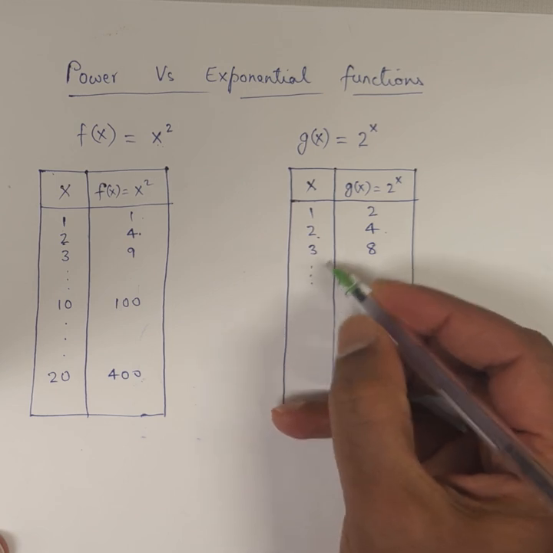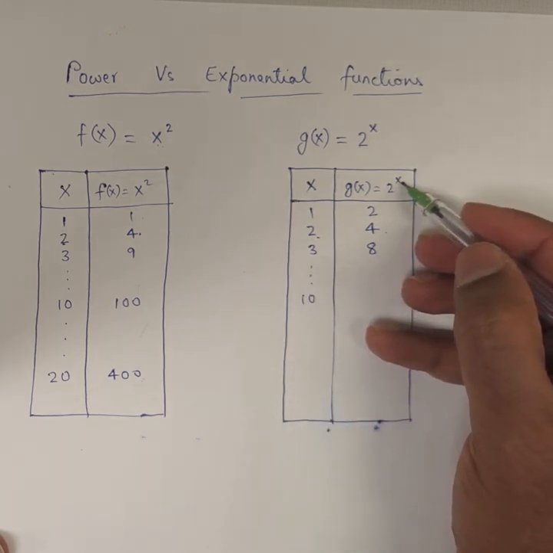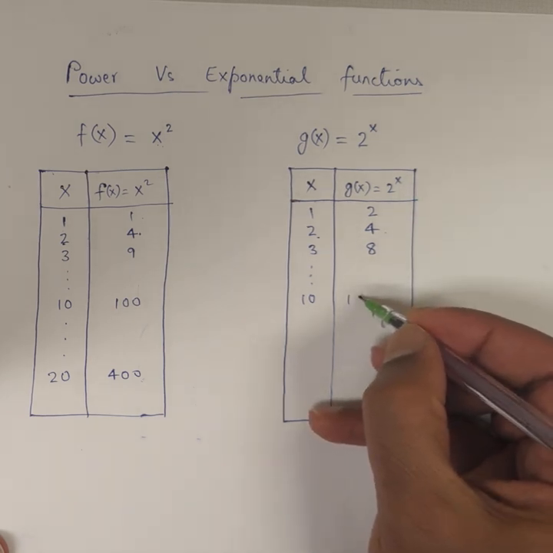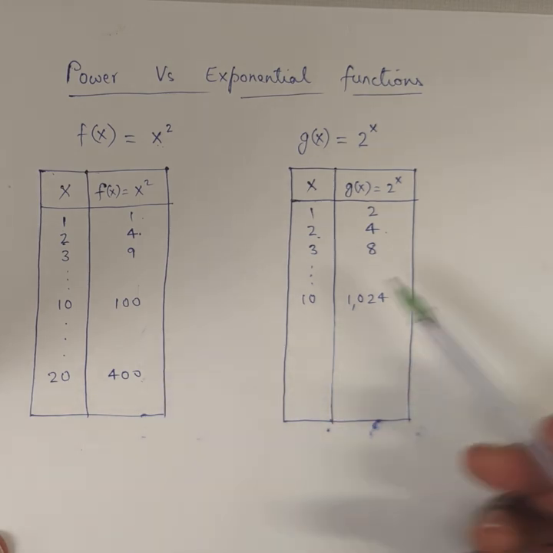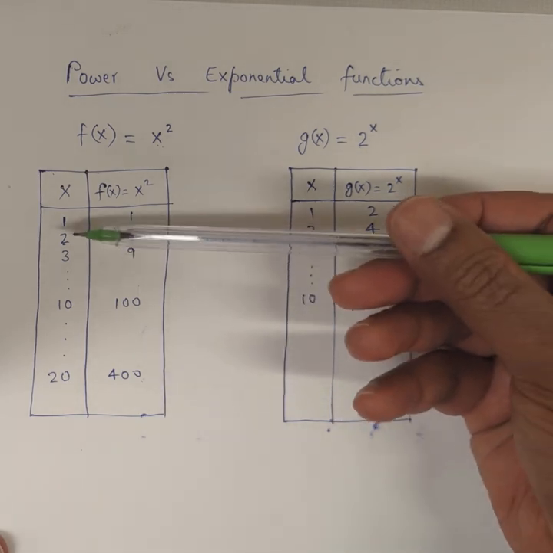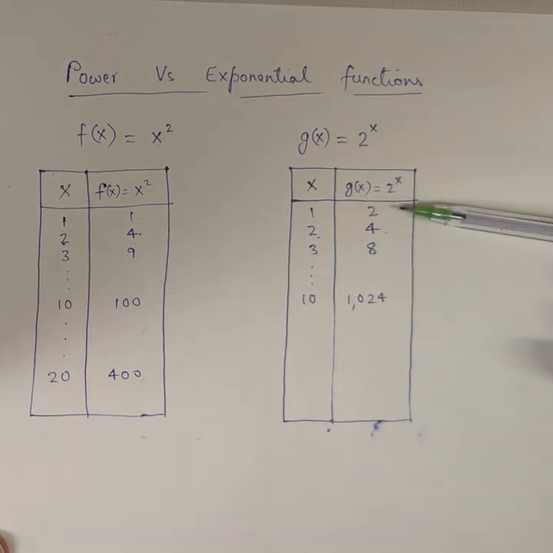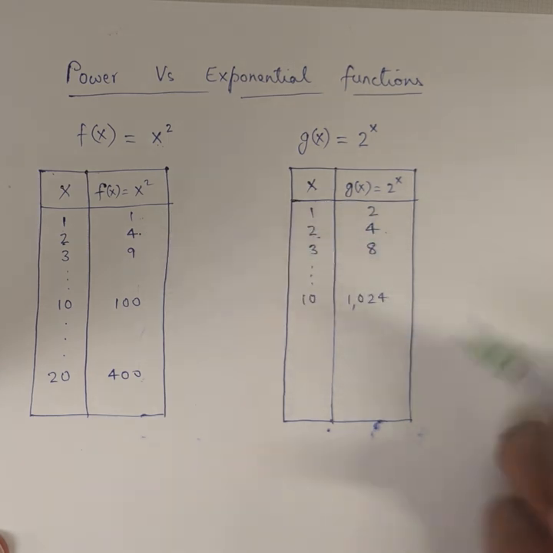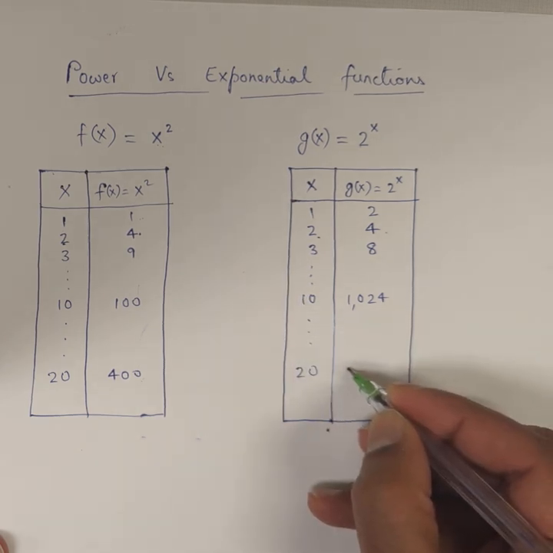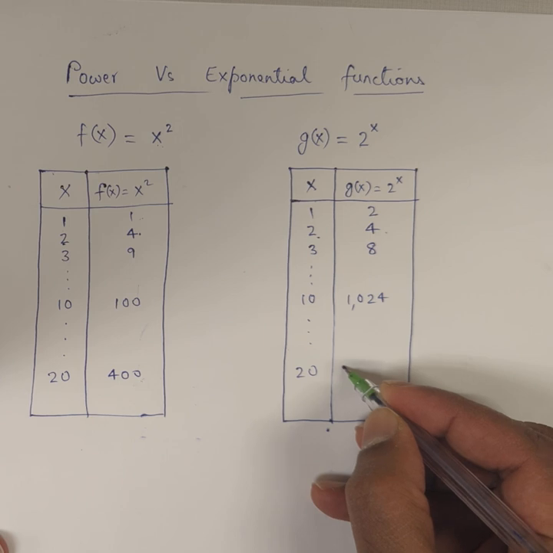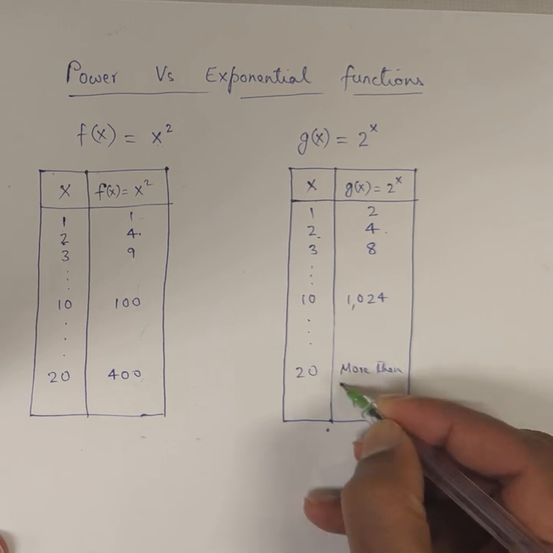Now when x goes up to 10 though, 2 to the 10 is actually 1024. You can see that when x goes up to 10 here, f of x only went up to 100, but now it has gone up to 1000. And when x goes up to 20, this is going to be more than 1,000,000.